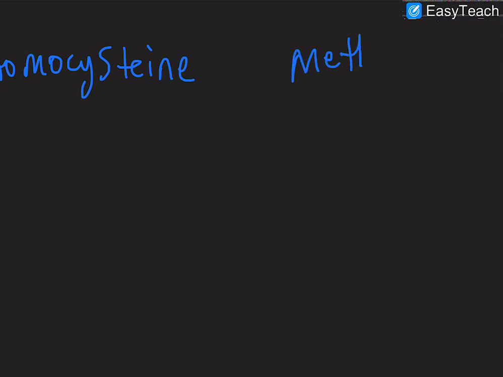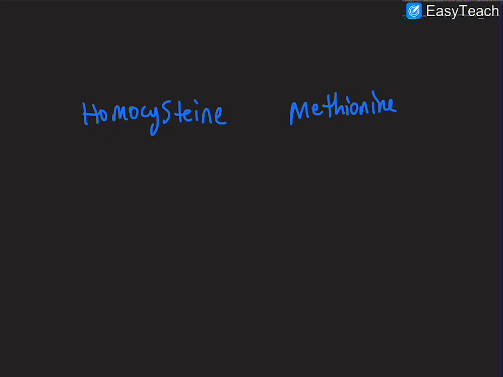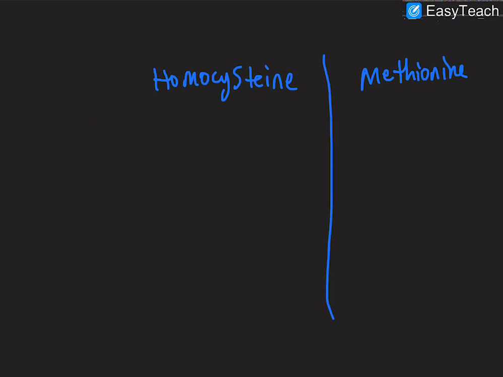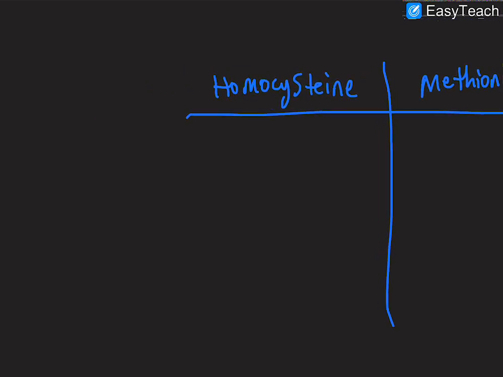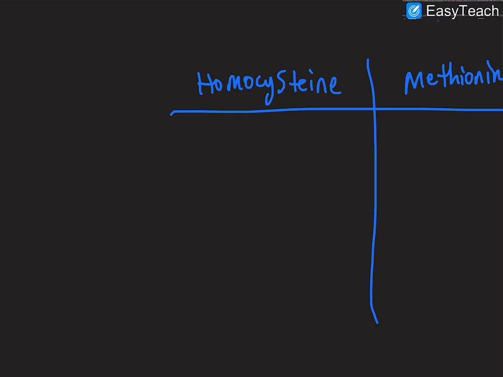The only two things we'll focus on when we're talking about these lab findings are going to be homocysteine levels and methionine levels. Okay, so let's write it right here. Homocysteine levels and methionine levels, and we'll shrink this so we can make a nice table and talk about different conditions and why we see what we see with the homocysteine and methionine levels.